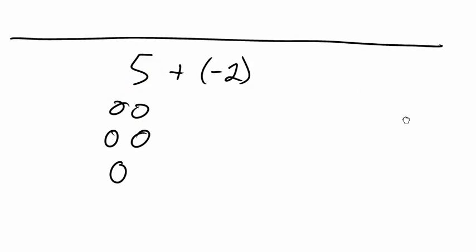So what about 5 plus negative 2? Well, in this case, I have an addition, so I'm going to add to this pile. And what am I going to add? 2 negatives, so I'm going to put in 2 negative chips. Now notice, every time I have a positive and a negative, that's a 0.